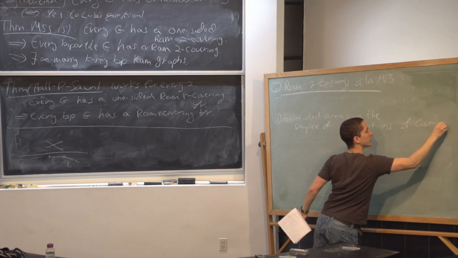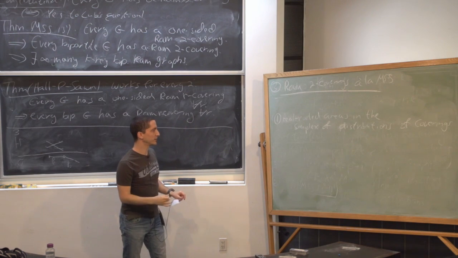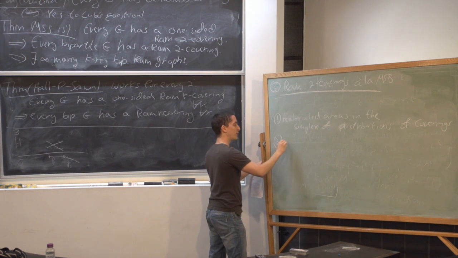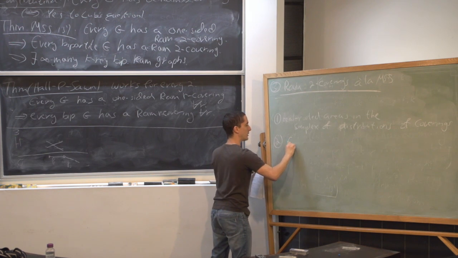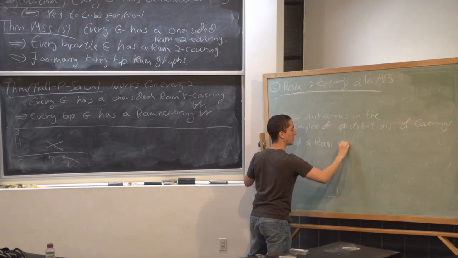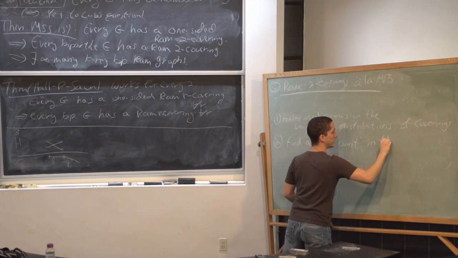I will explain exactly what I mean by real-rooted and so on. And then the second thing is, in this area, to find the Ramanujan point.